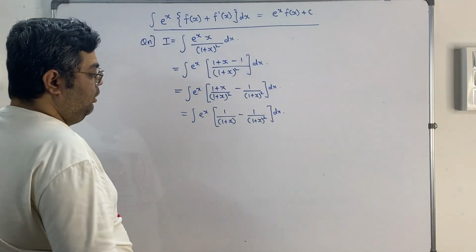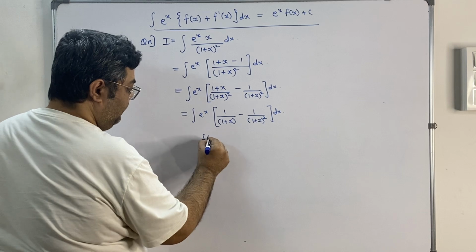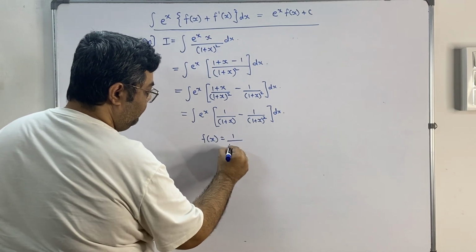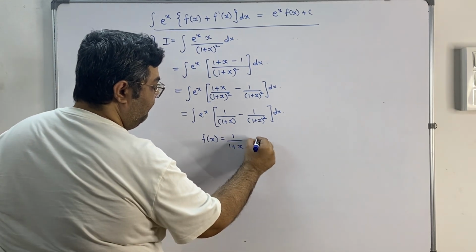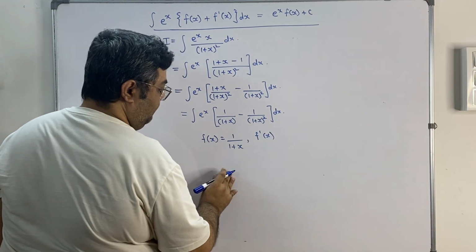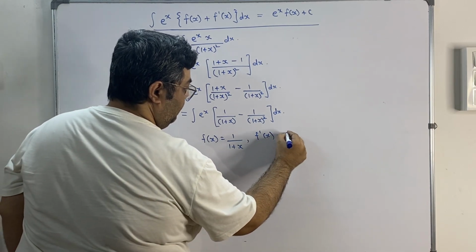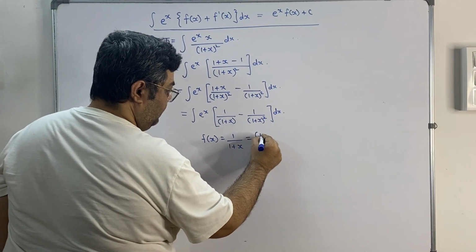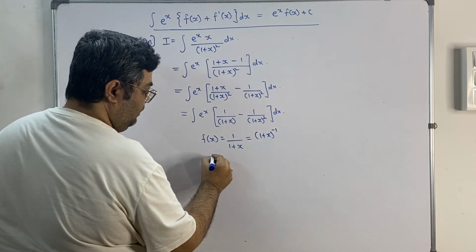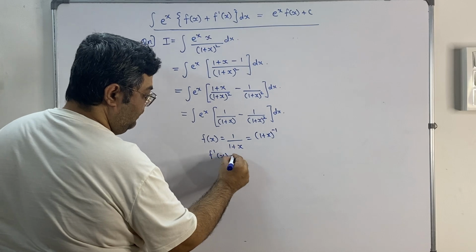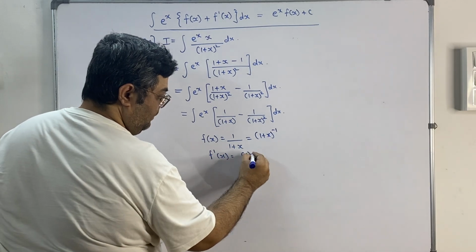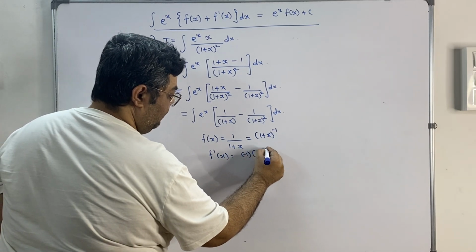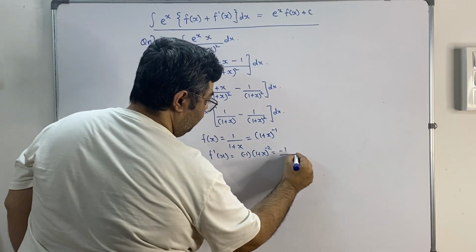Now again, if we write this as f(x), f'(x) will be, we can just write this as (1 plus x) raised to minus 1. So now f'(x) is minus 1 into (1 plus x) raised to minus 2.